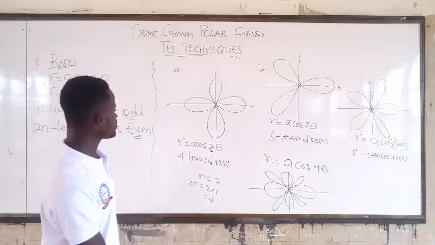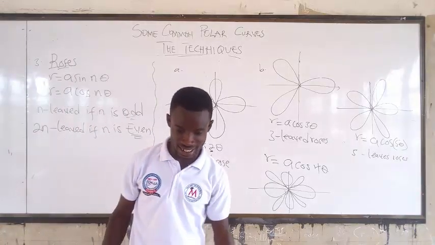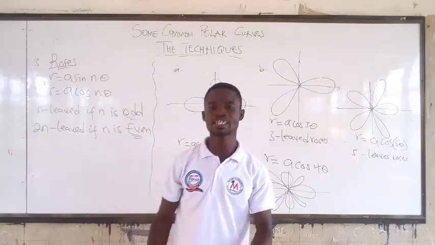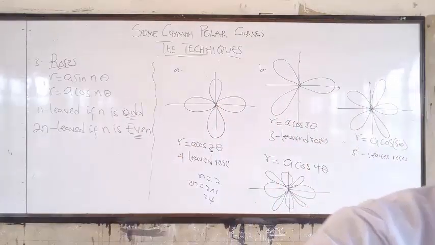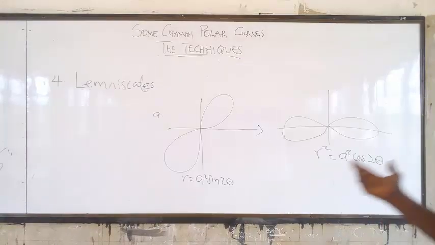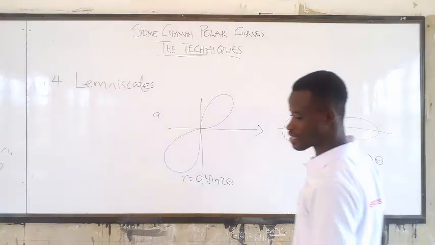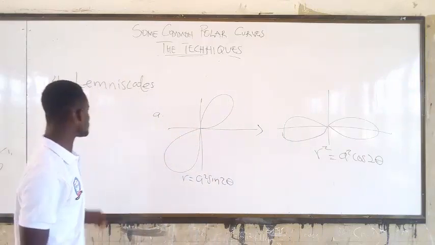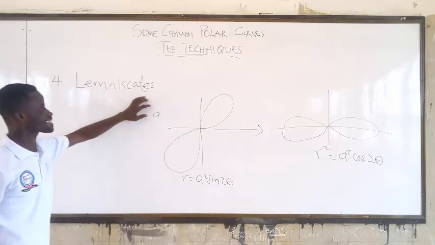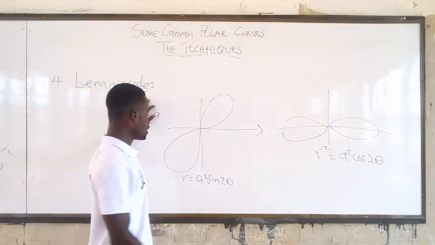Alright. Let me come back with the last technique, that is lemniscates. These are things that we have sketched before, and we are now giving names to them. So this is the fourth one, the lemniscate.